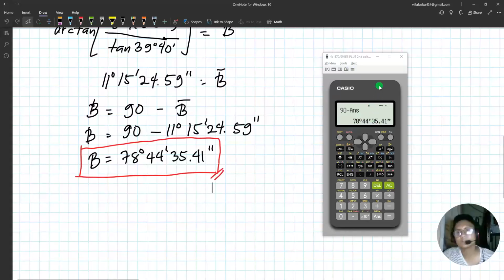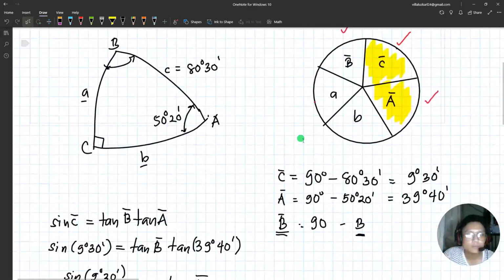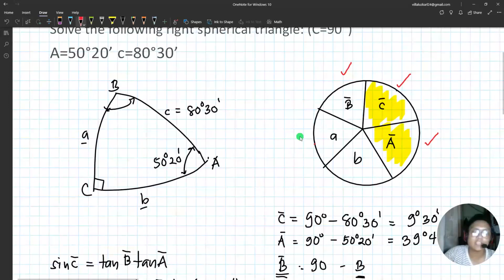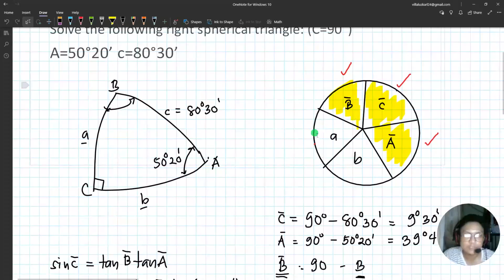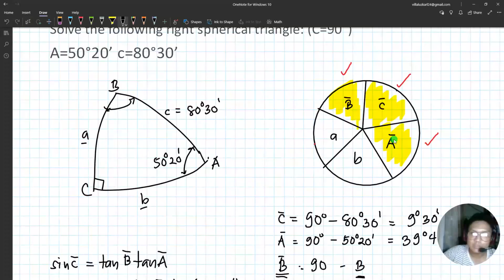Next. Other unknowns, we have sides A and B. Bar C we have already determined, so what remains is sides A and B. If we are going to use the sine tad rule again, given bar C and bar A, if I choose bar A as the middle part, I need the two adjacent parts, which are B and bar C. Since bar C and bar A are given and B is unknown, we have one unknown and two given.